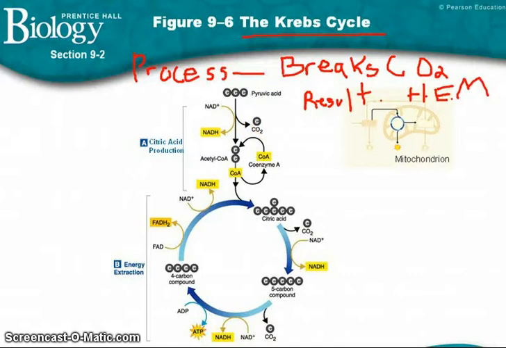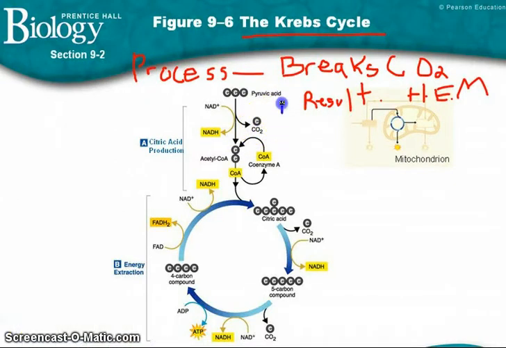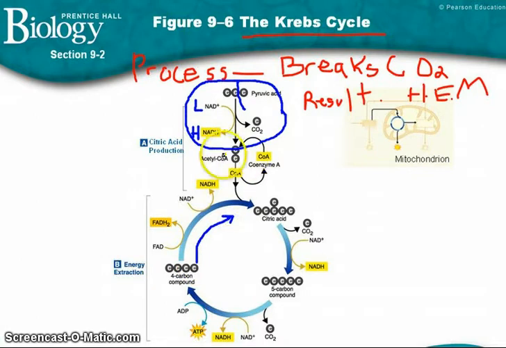So if I look, I'm going to change colors here. So if we look here, I have my pyruvic acid that I have from glycolysis. I break off one of the carbon dioxides, resulting in this low energy molecule becoming a high energy molecule. And then sort of like before in the photosynthesis, I have part of the product from the last round combining with the new part that I'm adding.